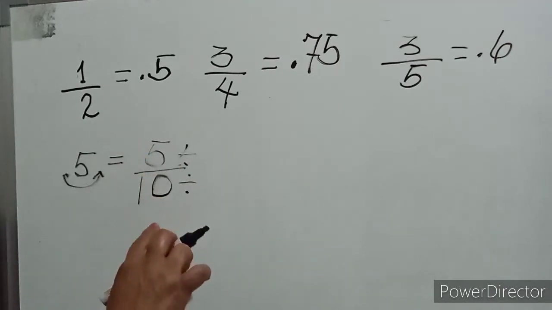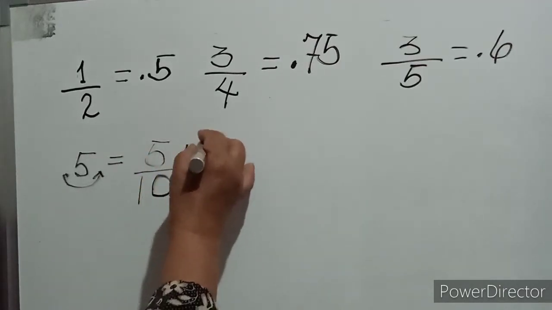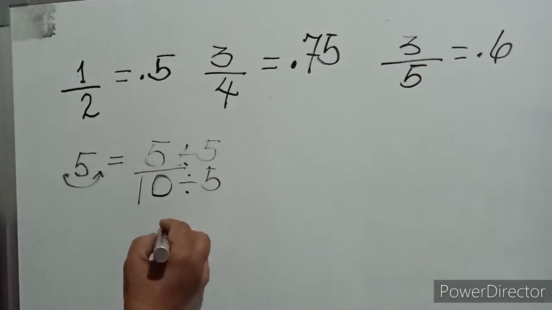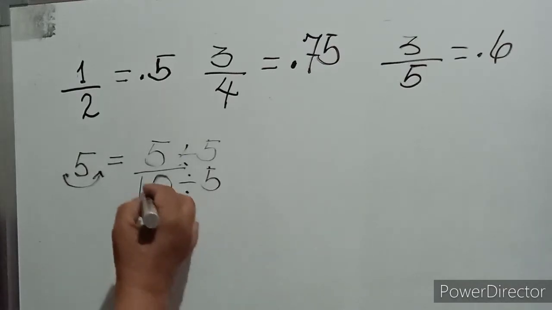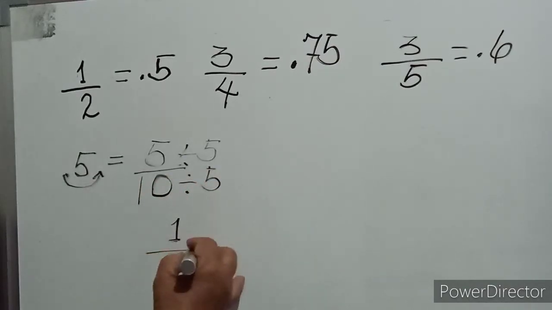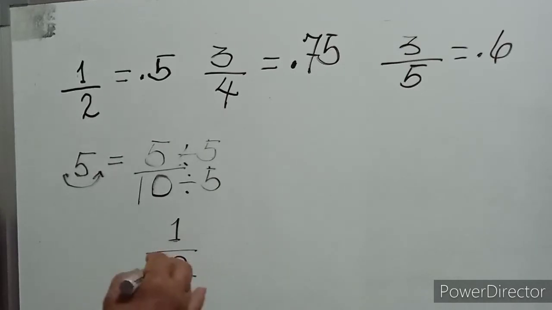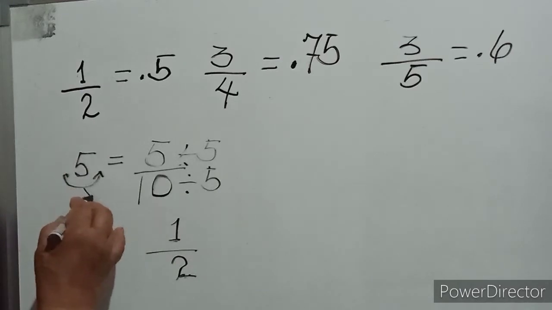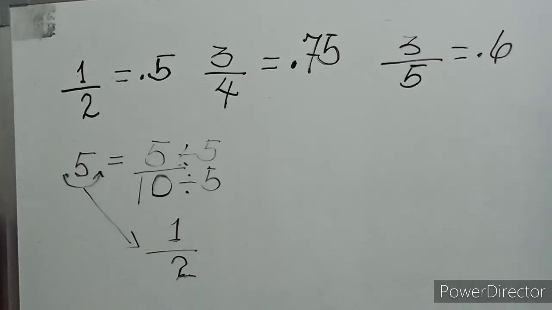And the common factor of 5 and 10 is 5. 5 divided by 5 is equal to 1, and 10 divided by 5 is equal to 2. So that 0.5 is now back to where it came from, and it is equal to 1/2.